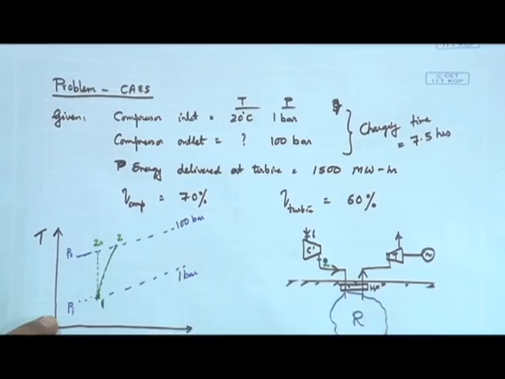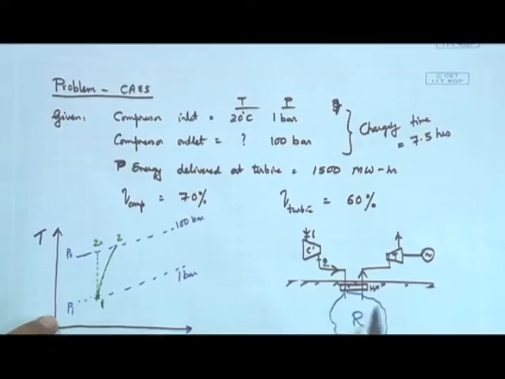So, therefore, if we know the input energy, what we could find was that is equal to m Cp delta T. Okay. So, m dot times Cp times T2 minus T1. So, from there we found out what is the mass of air that was stored. Okay.